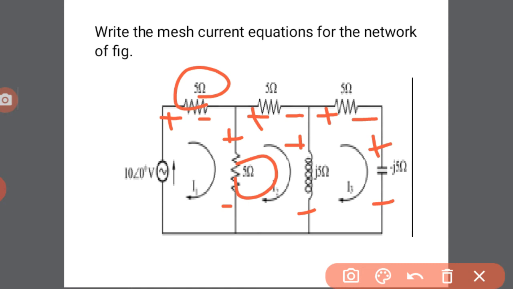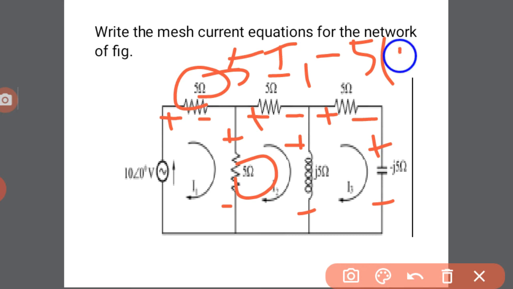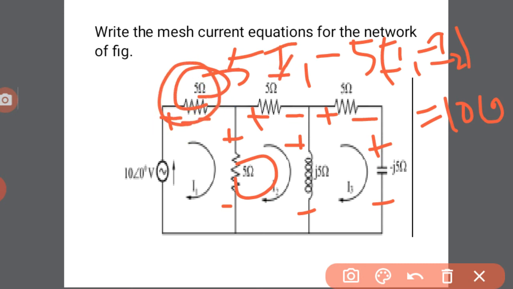So the loop equation is 5 into I1 minus 5 into (I1 minus I2) is equal to the voltage source 10 angle 0 degrees. So minus 5 into (I1 minus I2) is equal to 10 angle 0 degrees.